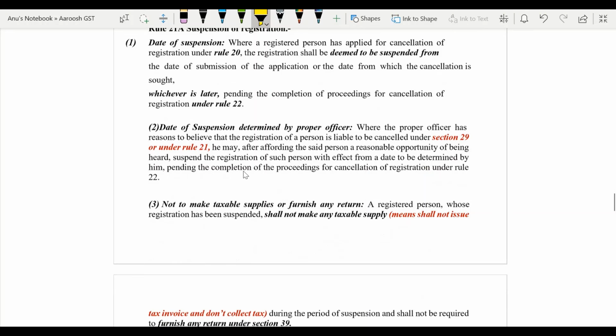Number 2, date of suspension determined by proper officer. The proper officer can decide a date of his own choice, and that will be the deemed date of suspension which the business has to follow.